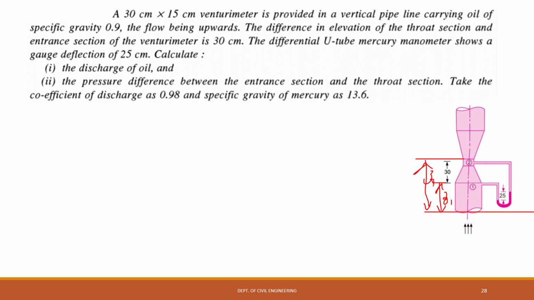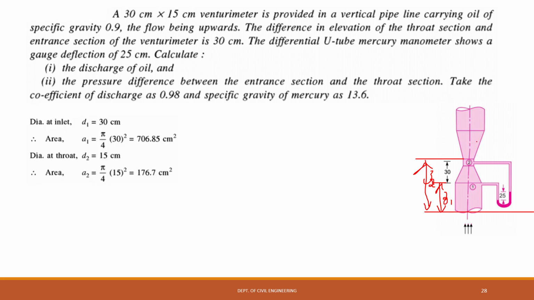So what is 30? This 30 can be written as Z2 minus Z1. Now the inlet diameter and throat diameters are given, so we can find out A1 and A2. As I told you, from the figure it is clear that Z2 minus Z1 is equal to 30 centimeter.